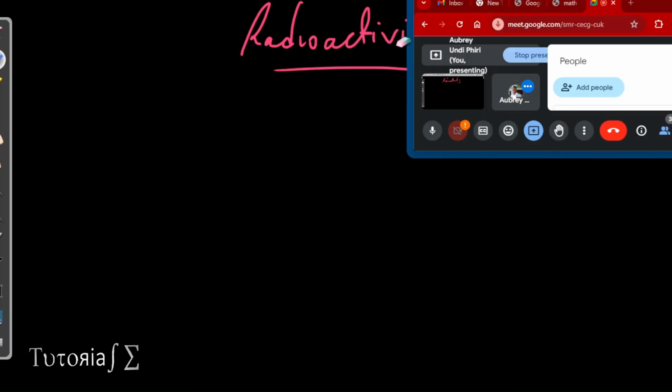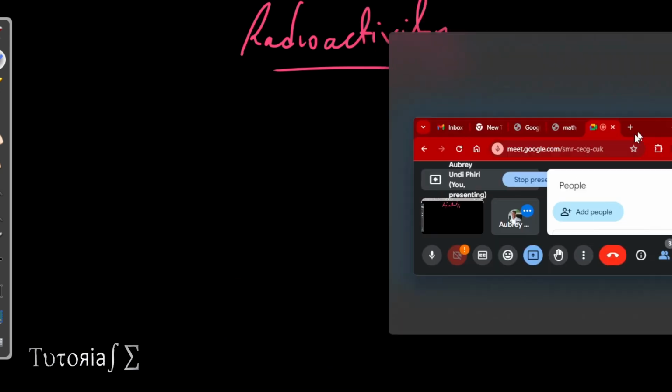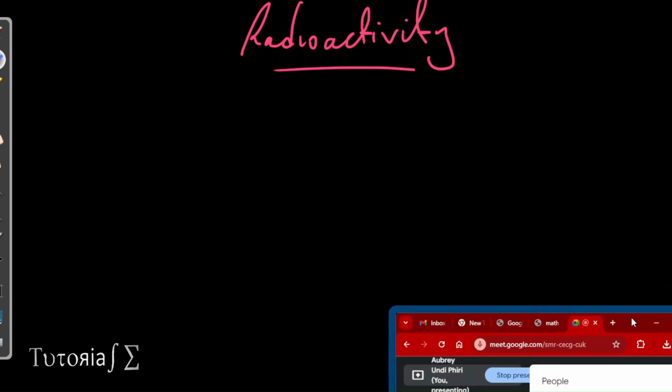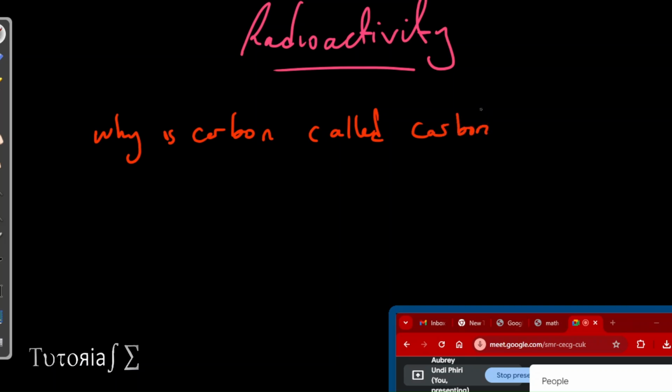Right, so we're going to look at radioactivity, and basically we'll just build on what makes up the mass. Or let me say, why is carbon called carbon?